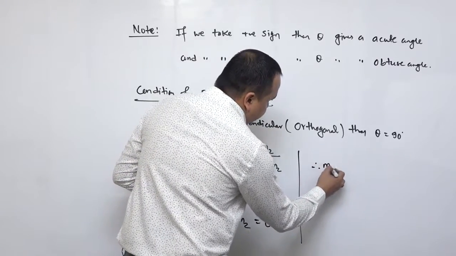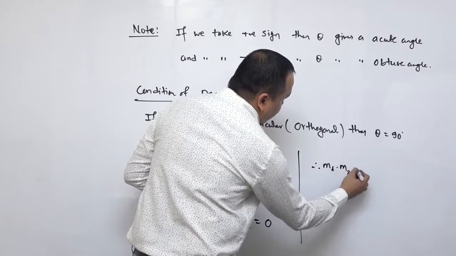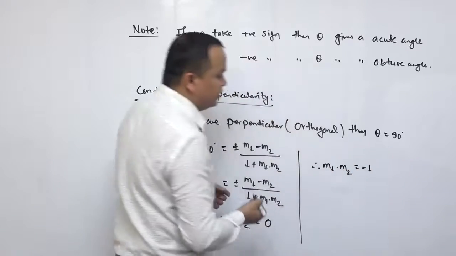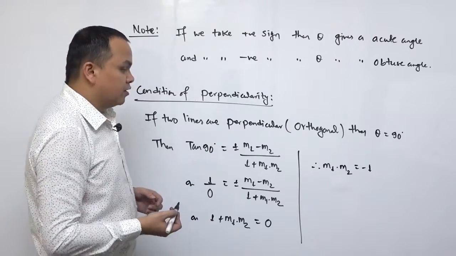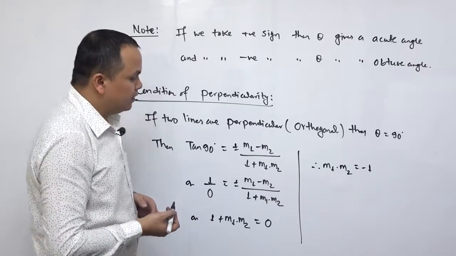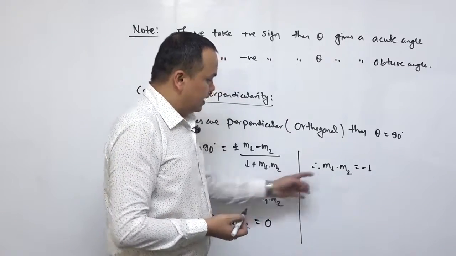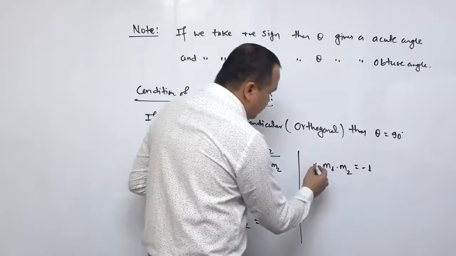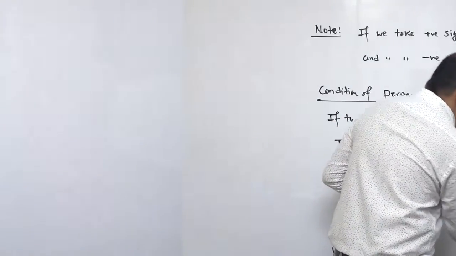Therefore m1 into m2 is equal to minus 1. If two lines are perpendicular to each other, then the product of their slopes m1 into m2 is minus 1.